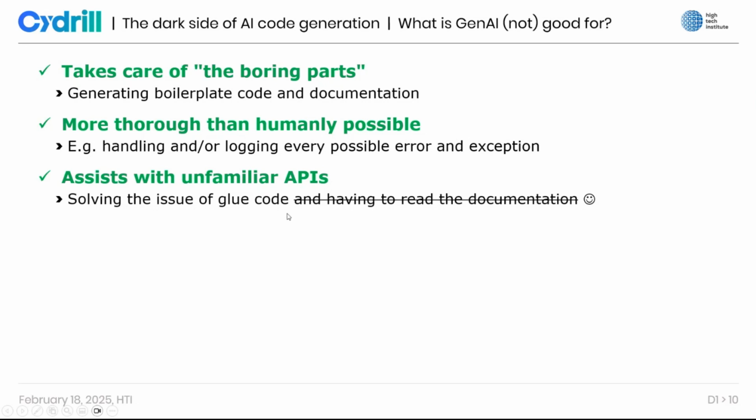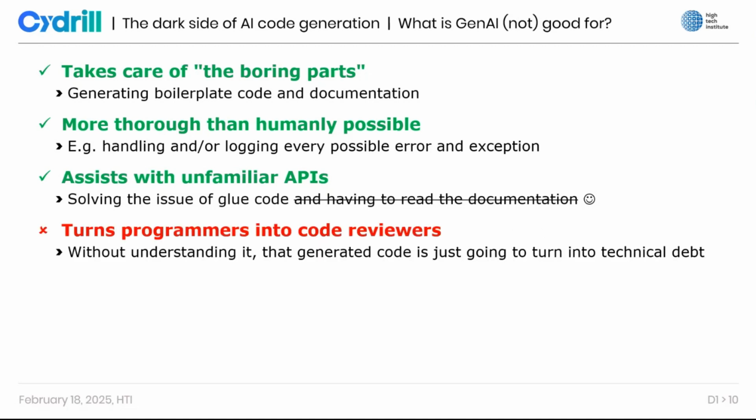Now, obviously, you can see this smiley face at the end of this line, which means that it may be tempting to not read the documentation and just rely on these AIs to generate the code for us. But of course, this is not something we should skip, for reasons that will also be explained a little bit later.